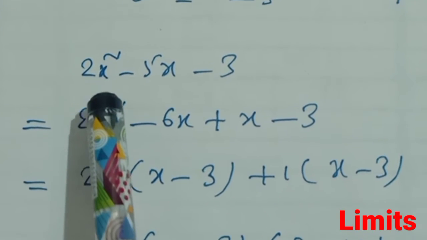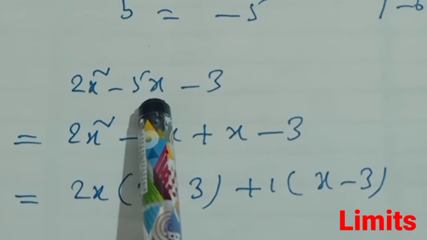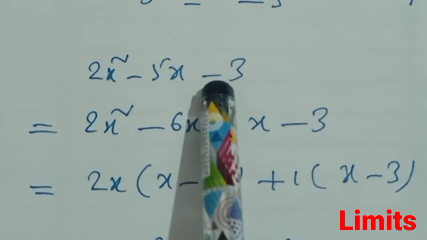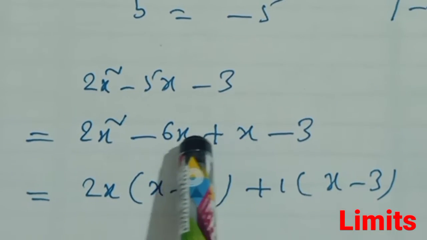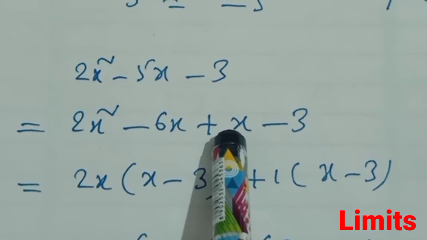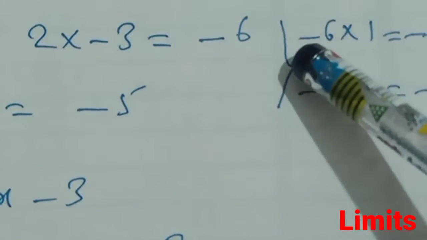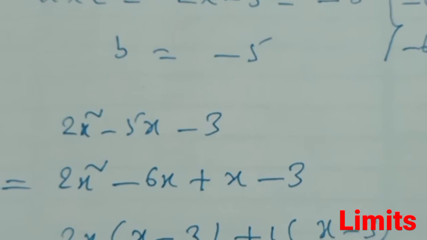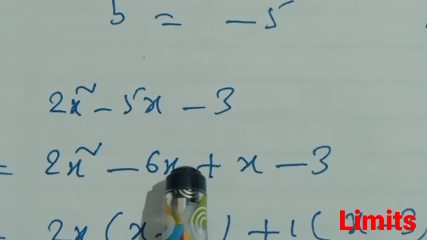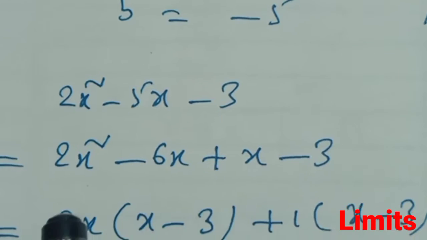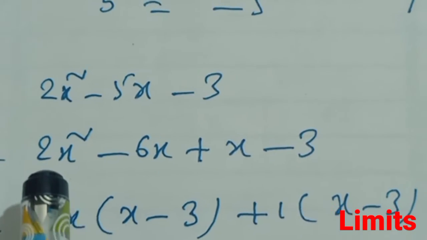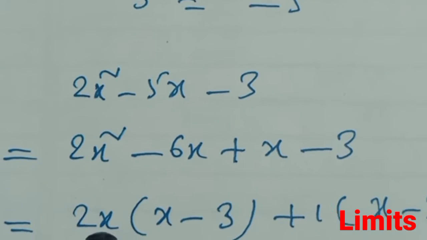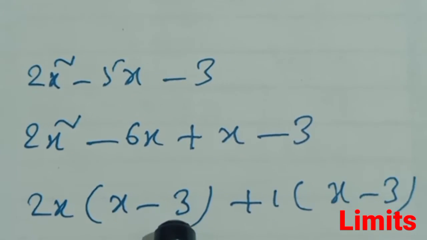Now we take 2x square minus 5x minus 3. Next we write 2x square minus 5x as minus 6x plus x, minus 3. Why? Because the factors we got are minus 6 and 1, so that's why we write minus 6x plus 1x. Then in the first two terms we take 2x common, we get x minus 3.